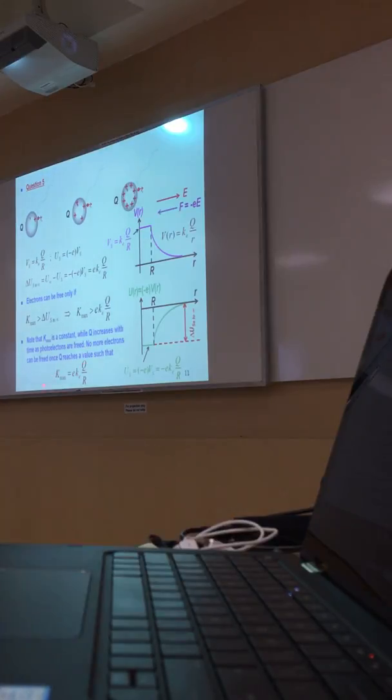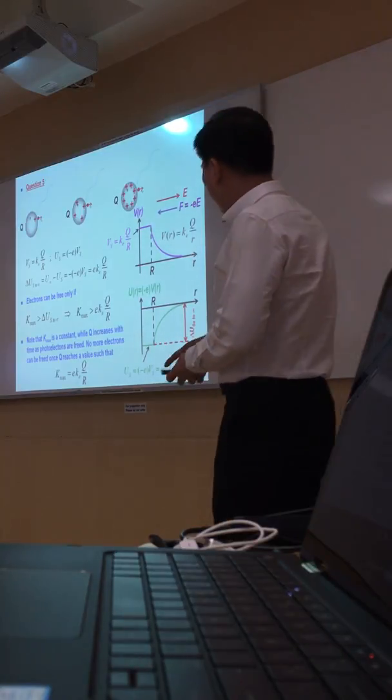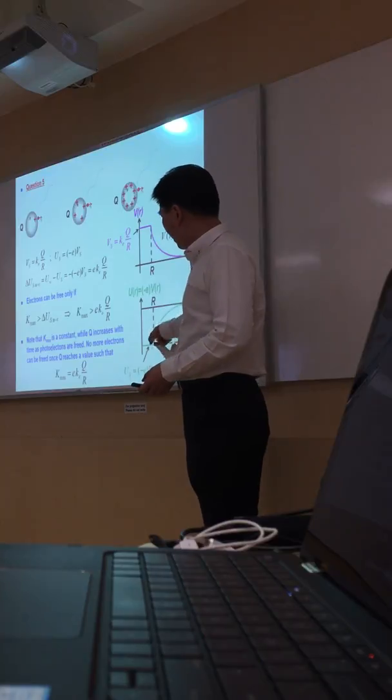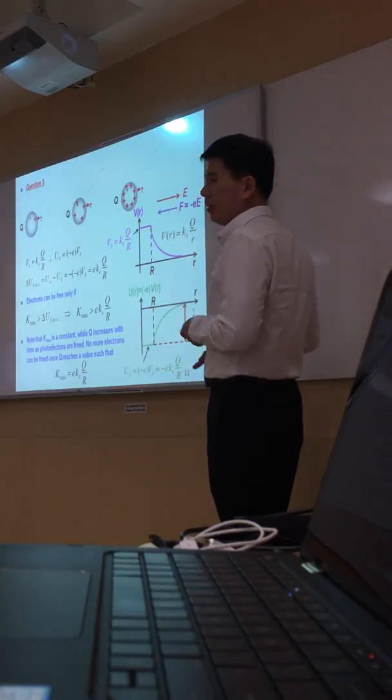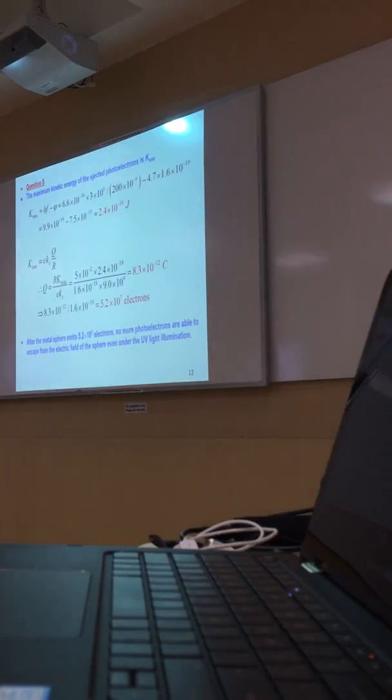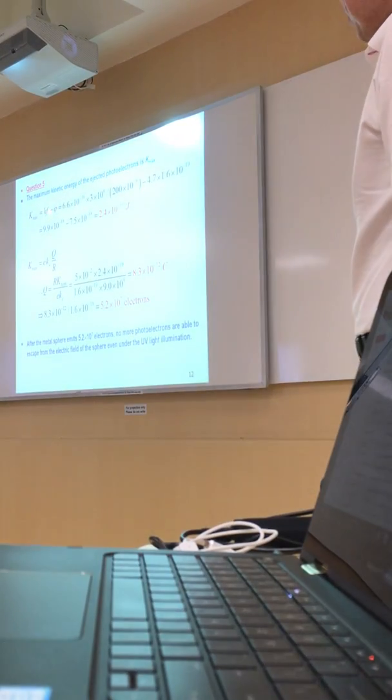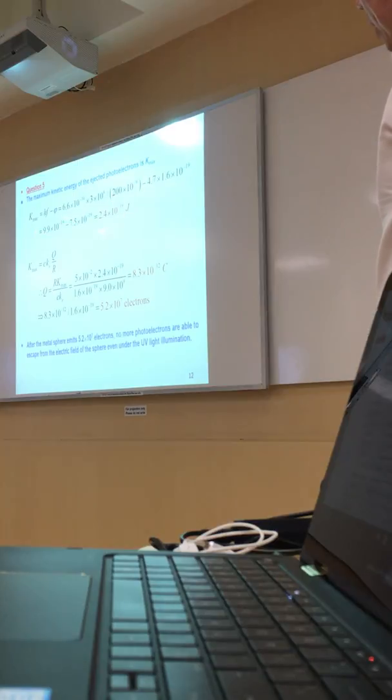So therefore, this is the equation that we shall use to solve the problem. The limiting condition whereby no more electrons can be freed happens when the maximum kinetic energy is just equal to the barrier height. So at this point, anything that comes out will fall back because of this attractive force. Okay? So setting up that equation, first of all, we find Kmax from the photoelectric effect equation. And using this equation, we can calculate the charge.